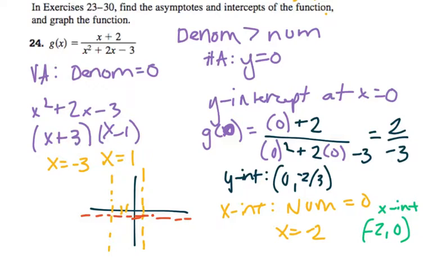And my y-intercept is at 0, negative 2/3. Let's see, I'll make that purple. And then our x-intercept is at negative 2, 0.